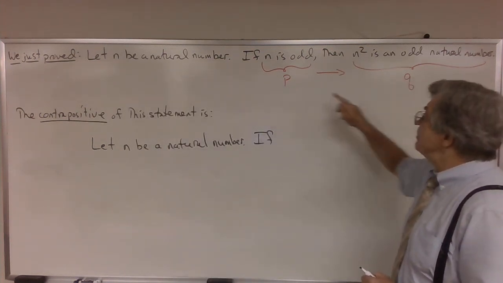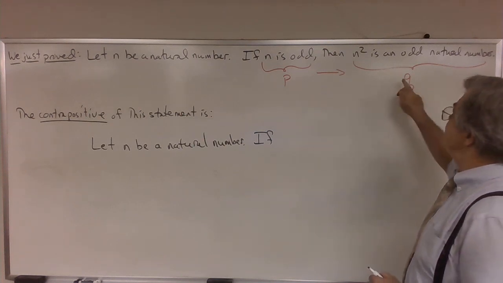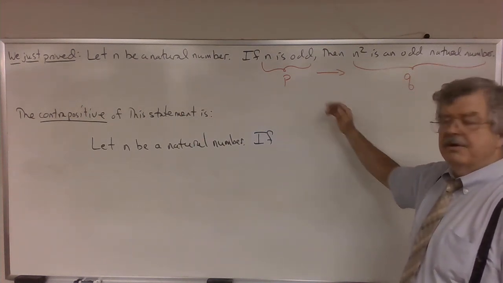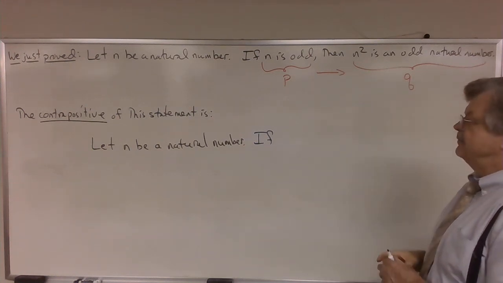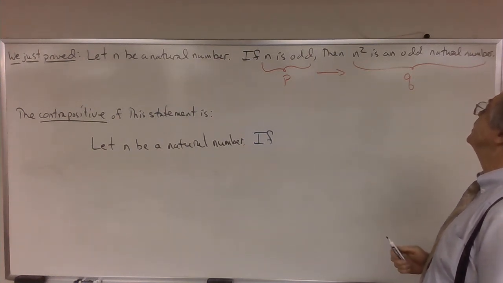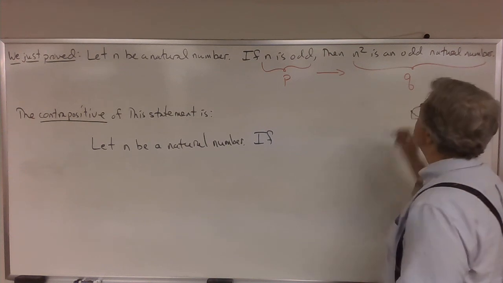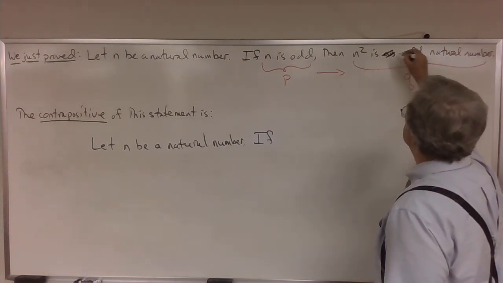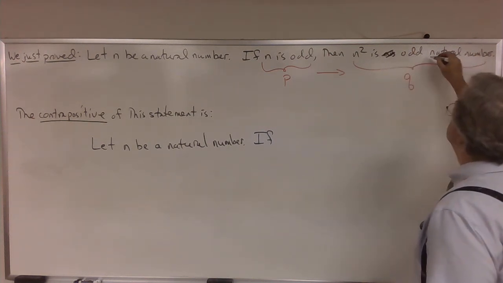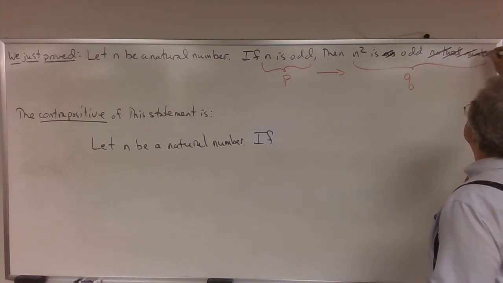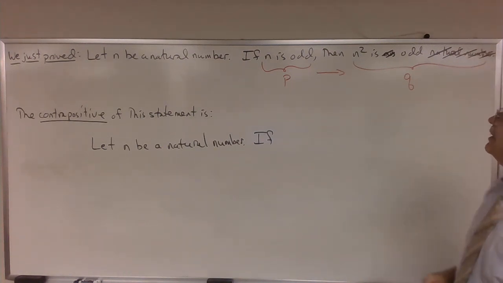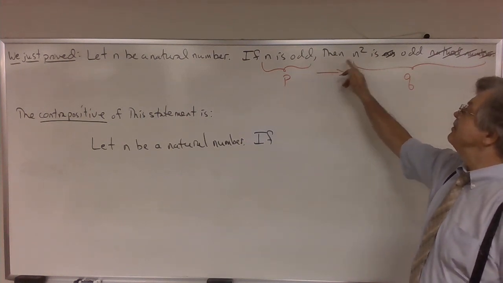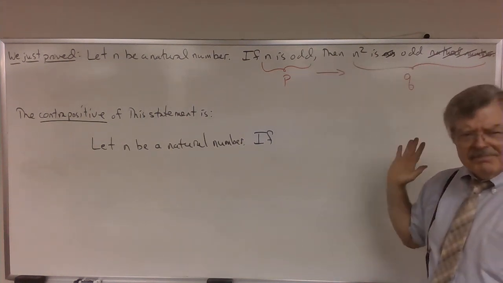So we negate both of these, not P and not Q, and we reverse the order. So we want the negation of Q. And you know what? I guess I was too wordy here. This is not wrong, but it's not necessary either. We could just say if n is odd, then n squared is odd.